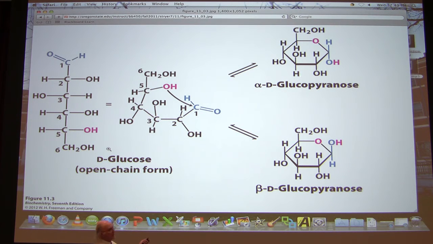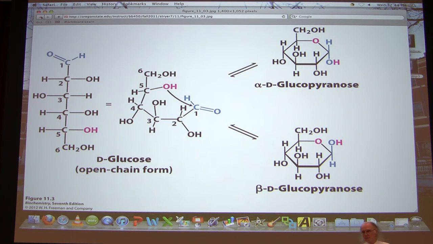It will stay stuck in the alpha configuration in this case. Let's say I put a nitrate right there. Same problem. It's not going to go back. It's going to stay, in this case, in the beta configuration. So if I do anything to that anomeric hydroxyl, and notice it's the anomeric hydroxyl, I will lock it in whatever configuration it happens to be in.